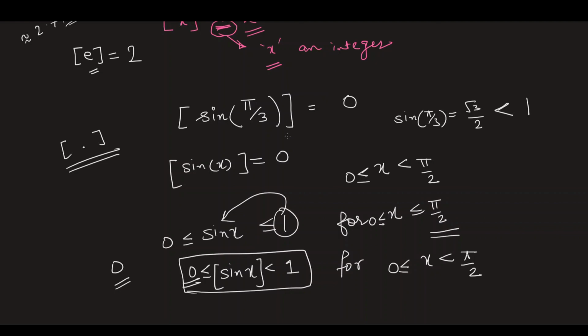Sometimes some students use this gent function instead of a square bracket, so just be careful. And in the next video, we will be doing a new function named the fractional part function. These two functions, greatest integer function and fractional part function, are sort of connected, and we will be learning about their connection. Till then, read on.